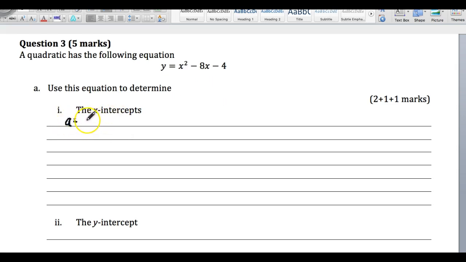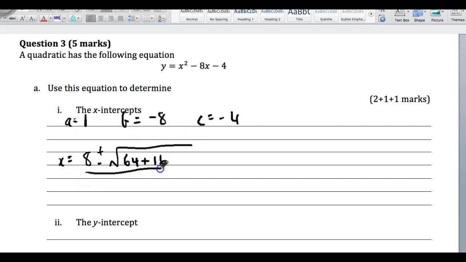So remember your quadratic equation, first of all, identify a, b, and c. A is your coefficient of x squared, b is your coefficient of x, and c is your constant. And I know I'm going to run out of room here. And I haven't checked whether these are nice. Actually, did I check? I can't remember. Okay, so negative b, so we're going to have 8 plus or minus the square root of b squared, which is 64, minus 4ac, now there's a minus there, minus 4 times 16, over 2a.